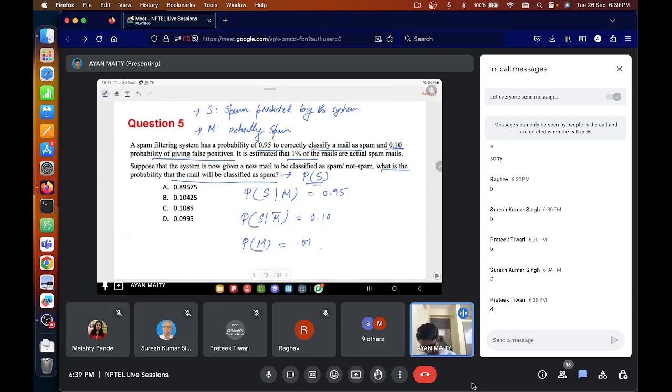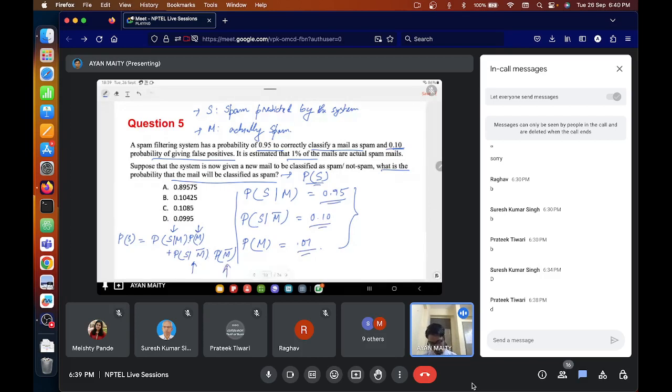So how can we find probability of S using these three probability values that are given? We can write it as probability of S given M into probability of M, plus probability of S given M complement into probability of M complement. Probability of S given M is 0.95, probability of M is 0.01.